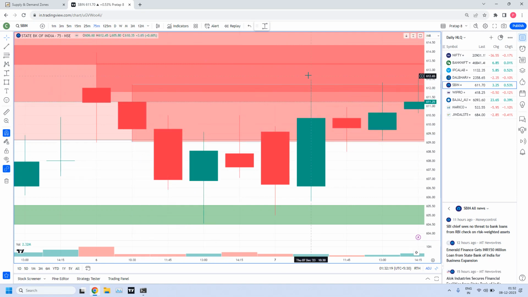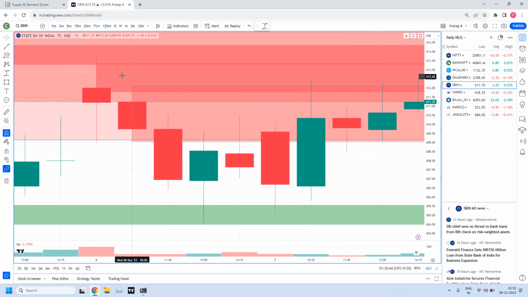See, this zone is violated today. Why is it violated? Because it was already tested once. After that it is tested, with 3 rejections from this, and the 4th time it is completely violated. But along with this, on the top of this 75 minutes, there is a 5-minute zone which is inside the 15-minute zone.